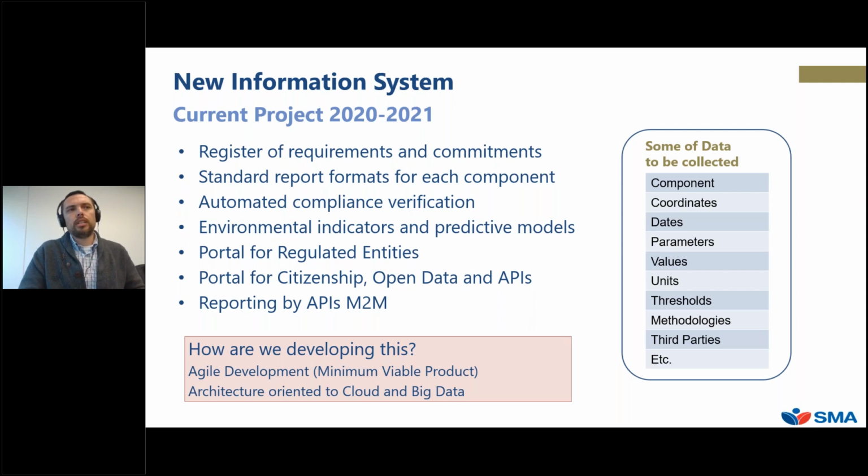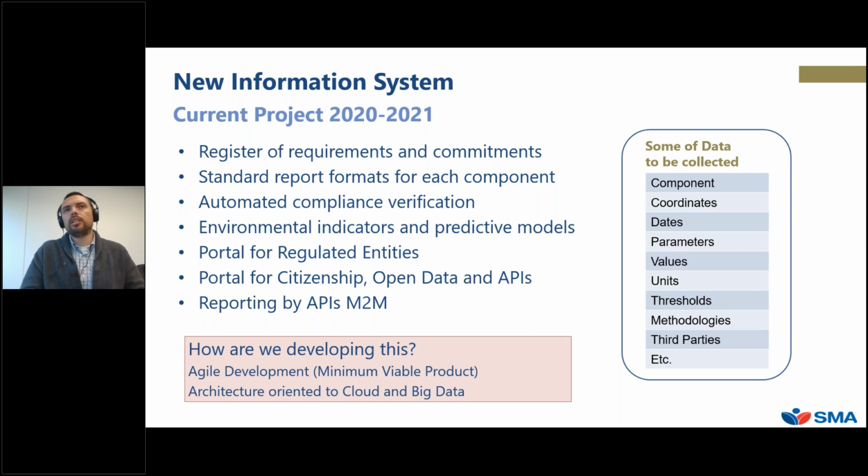And very important, probably during the next year, we will launch reporting using APIs, machine-to-machine concept. We need to integrate machines because companies already are using their own software to collect all the information, so we need to integrate these systems. We are using agile development, and this system is oriented to live in the cloud and for big data.